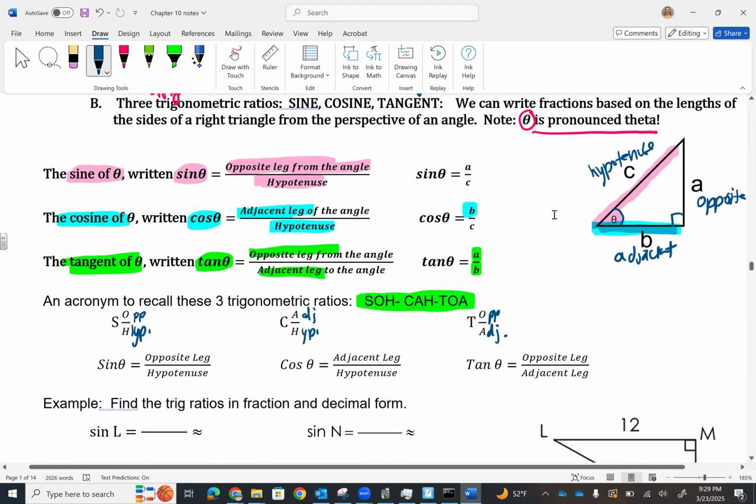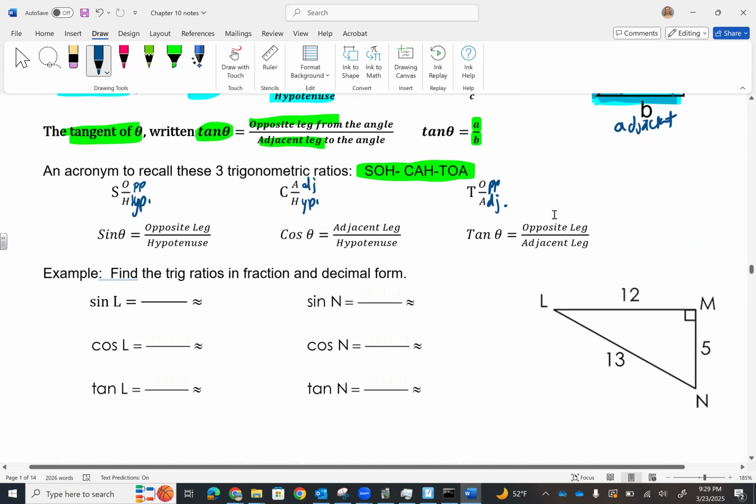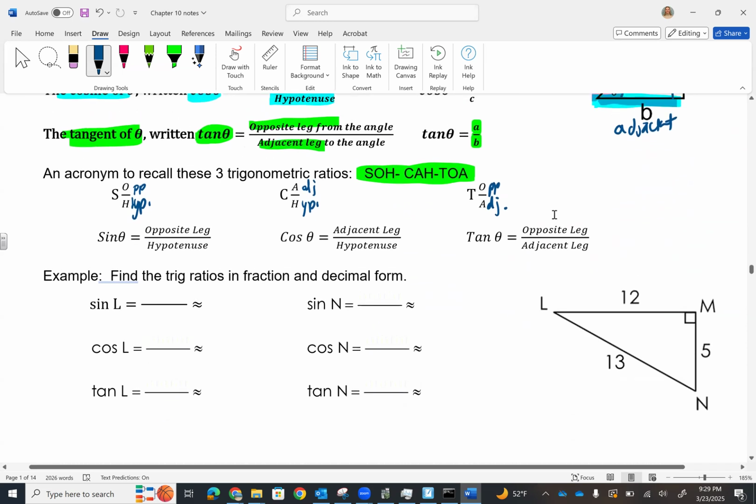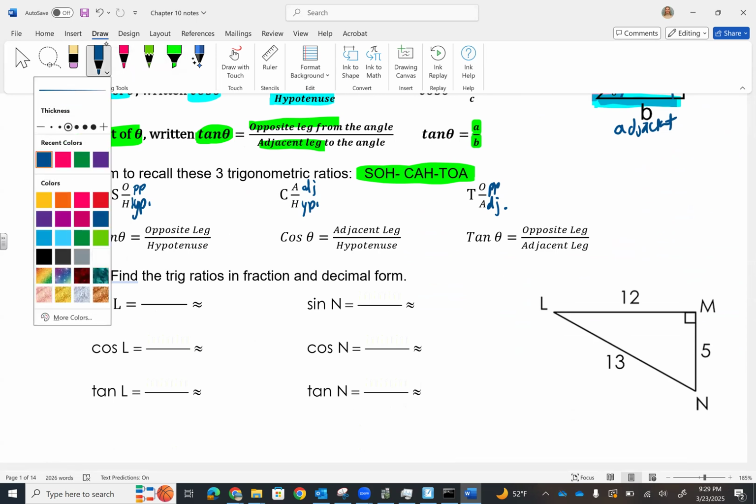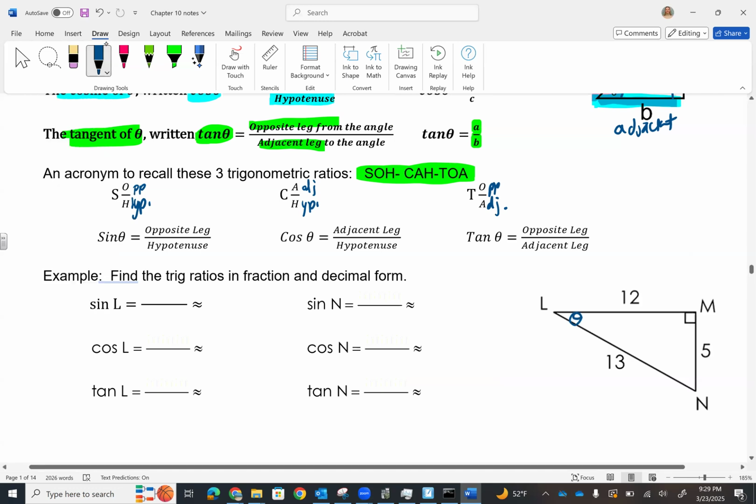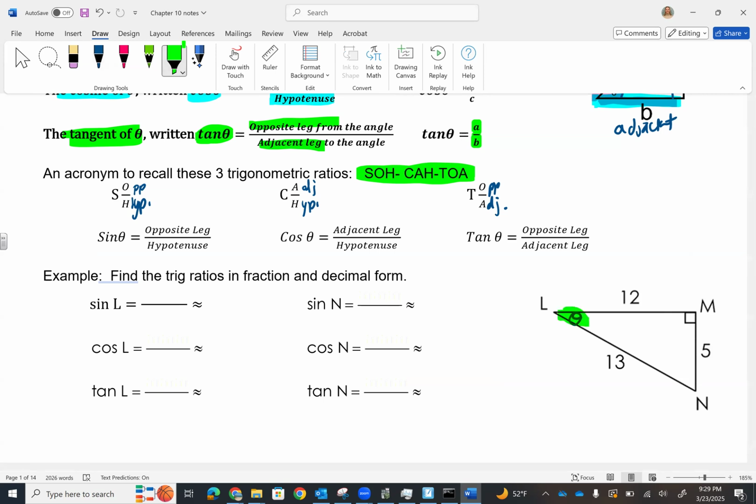The next thing we're going to do is say, here is a right triangle. And we're going to take turns saying, if you stand at L, and I put theta right there, let's name the sides based on L. You don't have to write theta there. I'm just doing it as a placeholder.